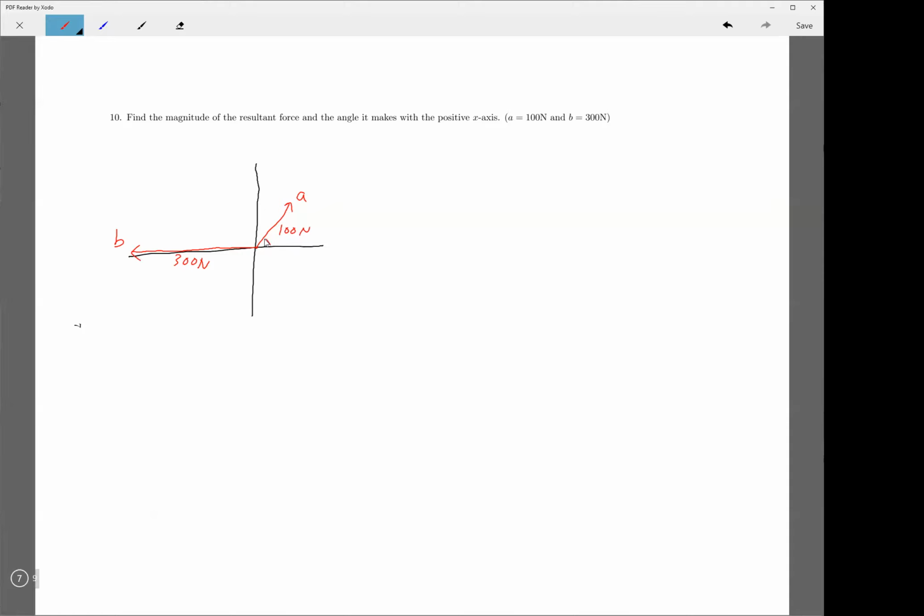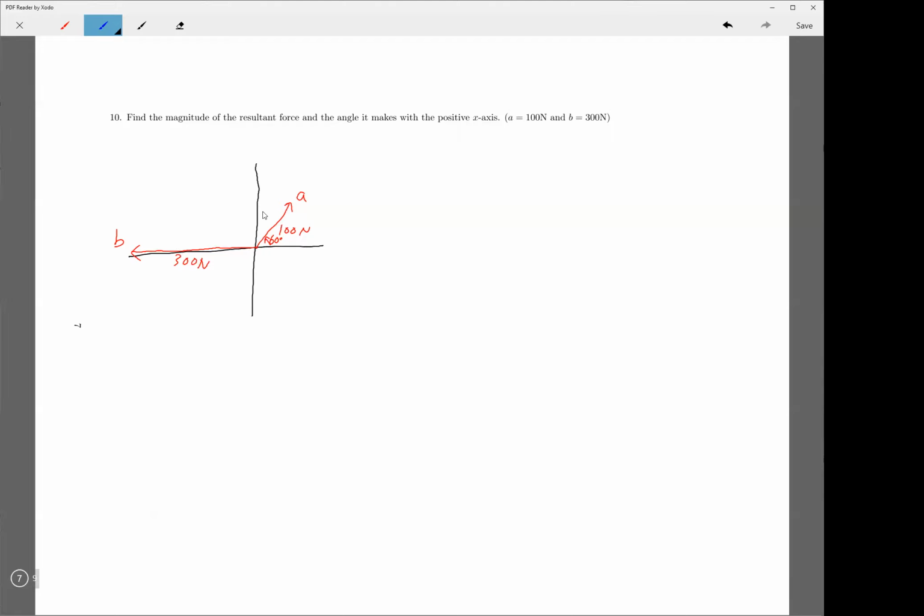And this angle here is 60 degrees. Basically you're going to take these two vectors and add them together.